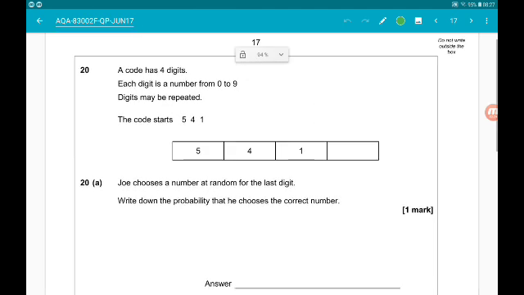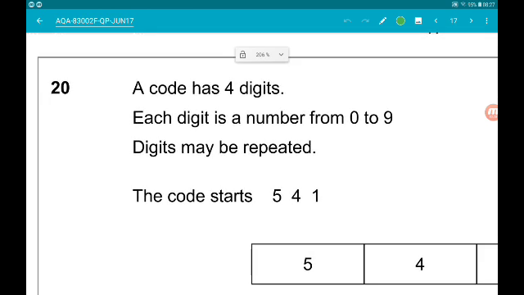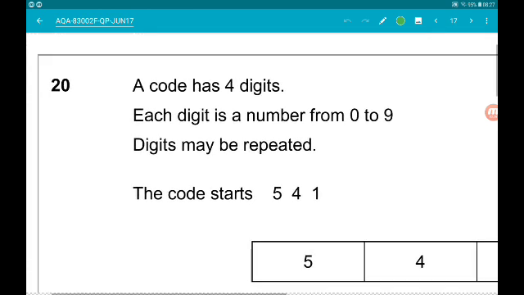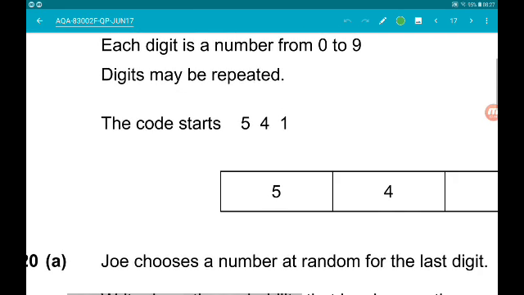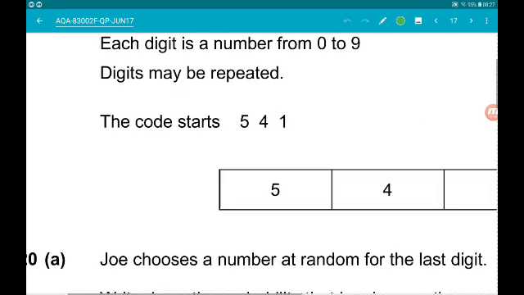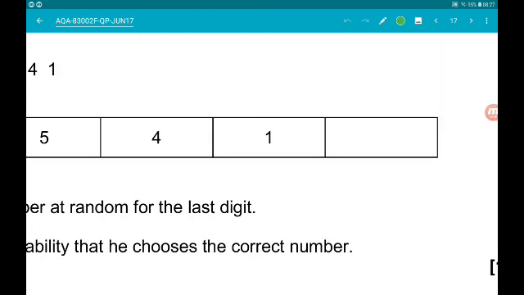Okay, question 20. So, a code has 4 digits. Each digit is a number from 0 to 9. Digits may be repeated. The code starts 5, 4, 1. So you're missing a digit at the end.